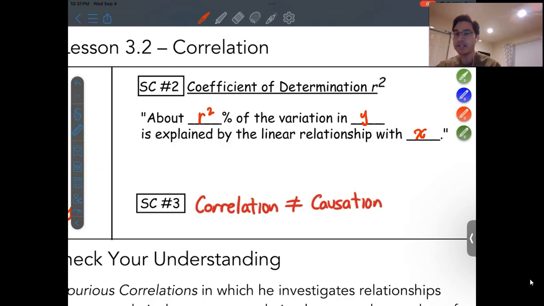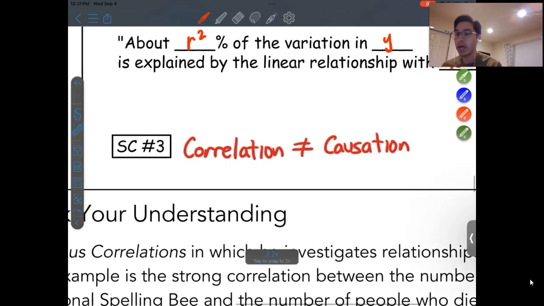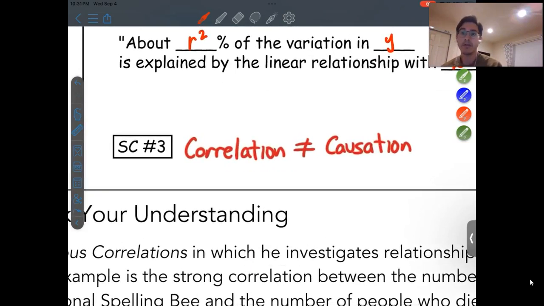Okay, this last thing was not part of the activity, but it's a very important topic. Just because 2 variables have a strong correlation does not mean that one variable causes the other. Classic example, there's a strong correlation between the number of ice cream sales in a given month and the number of drownings in the same month.